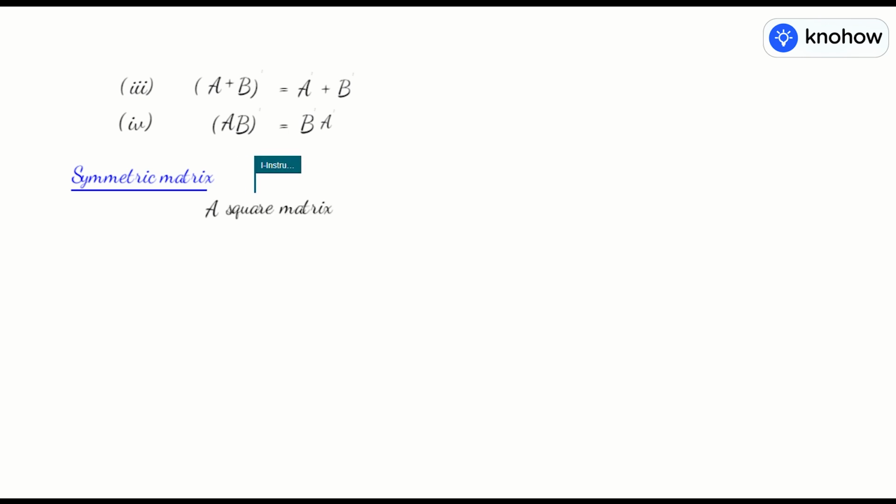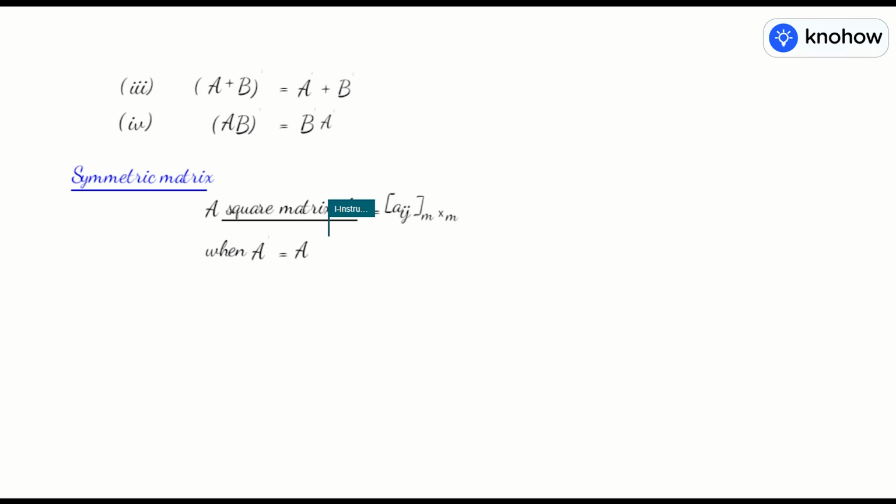So I define a square matrix, say A. Let us define A equal to Aij, and of course the order will be n by n, this being a square matrix, is said to be symmetric if the transpose of A is the same as A.